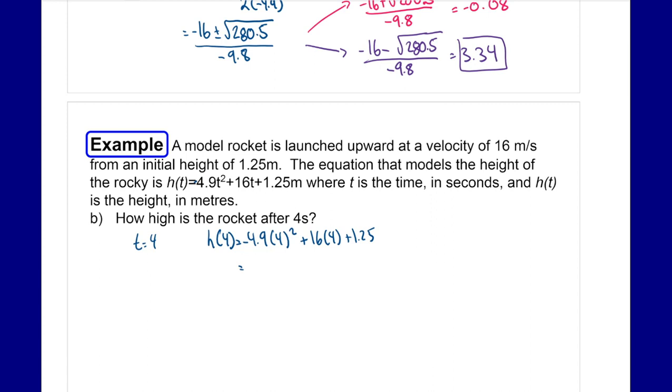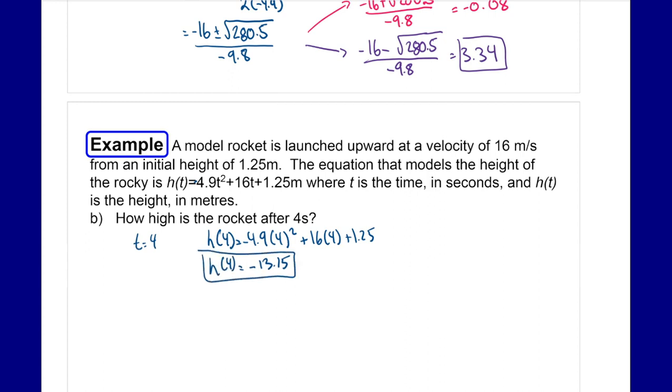Again, this would not make sense, but we'll go through and solve for it anyways. Negative 4.9 times 4 squared plus 16 times 4 plus 1.25 gives us a height of negative 13.15.